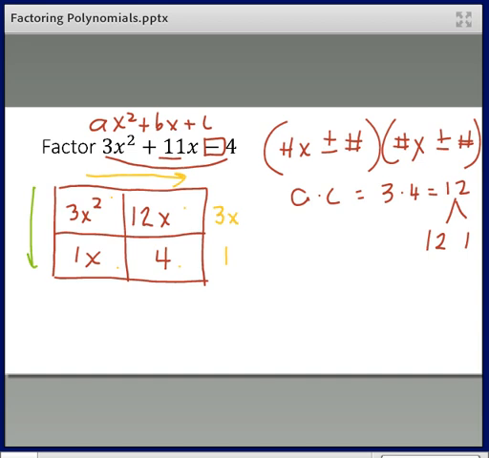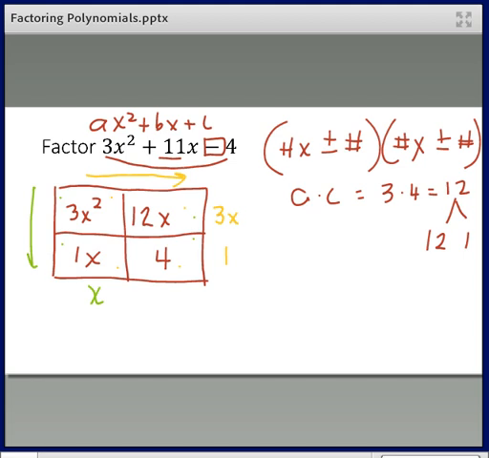Then I'm going to look up and down. So what do these two numbers have in common? They don't have a number in common. 1 and 3 are both prime, so the GCF of those is 1.